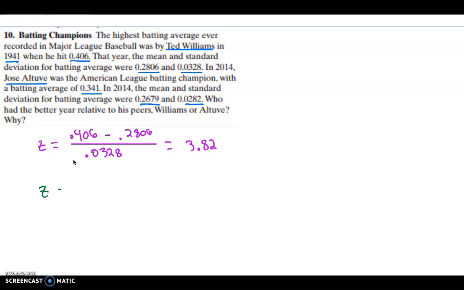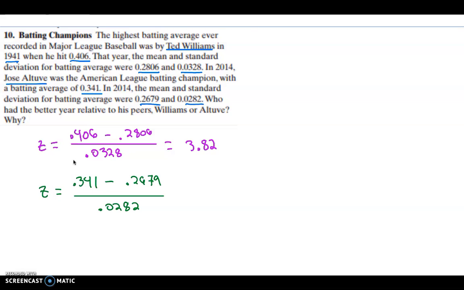Okay, now we'll look at Jose Altuve. His batting average was 0.341 or 34.1%, and then minus the mean, 0.2679. So you can see that the groups definitely were not the same in the means. So that's why we're getting a z-score, to compare apples to apples. And there's less dispersion because you have a smaller standard deviation during the time of Jose Altuve.